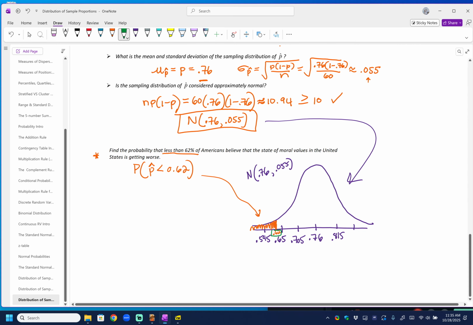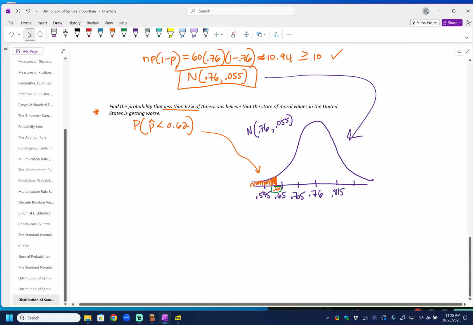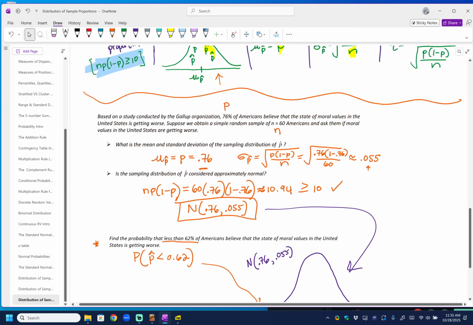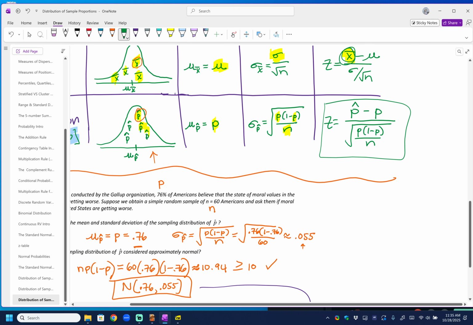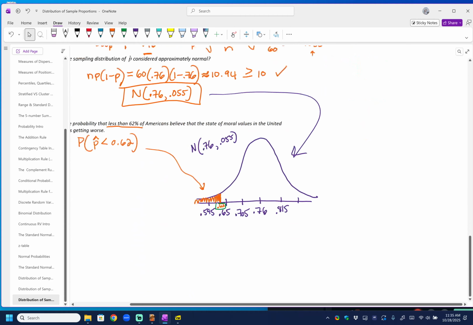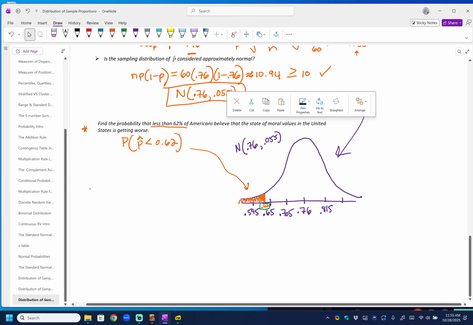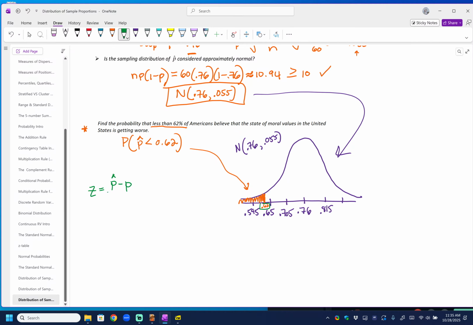standardize that value. Now, remember, we have a new formula for doing so. It is right here. This formula is solely for proportions. So let me just recopy it over here. We got p hat, our sample proportion, minus our population proportion, p, over the square root of p times 1 minus p over n.